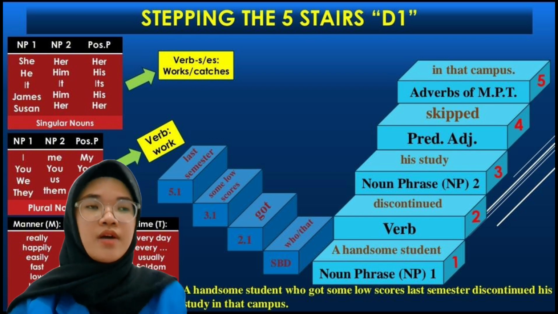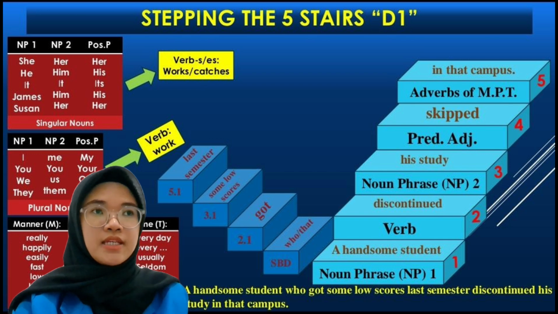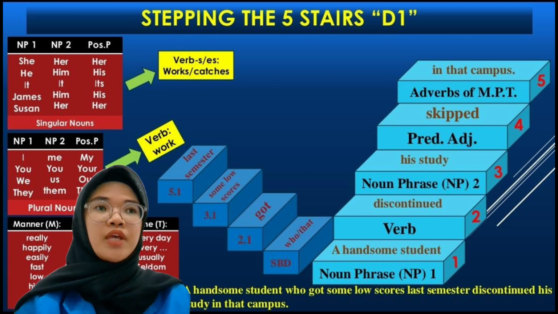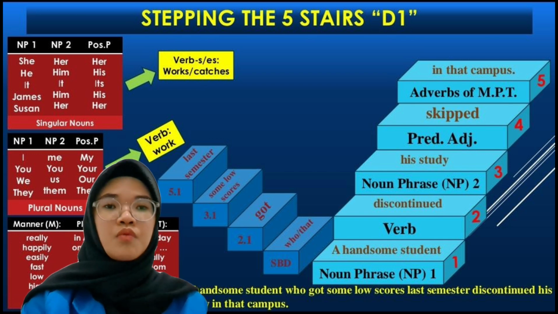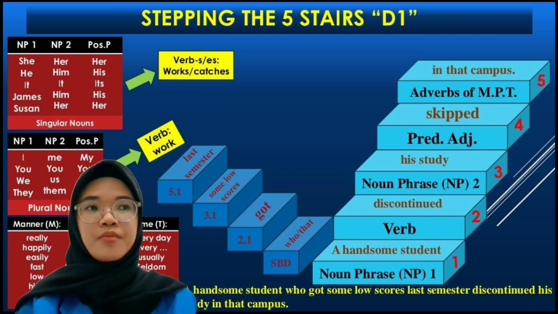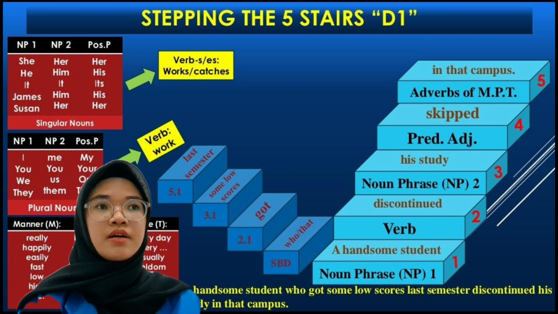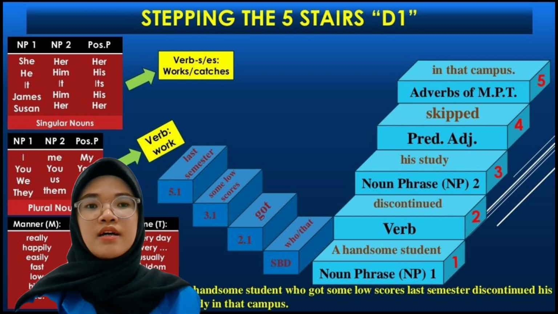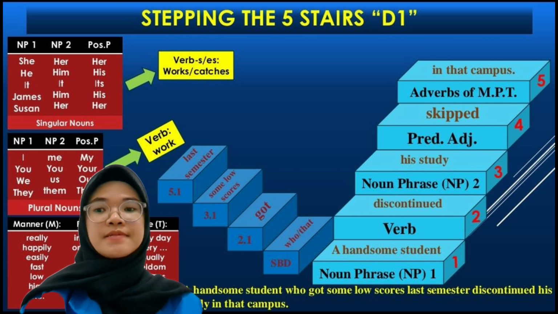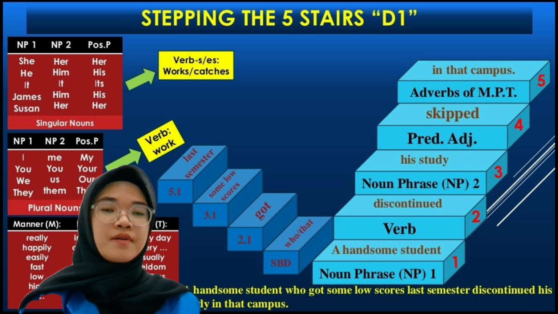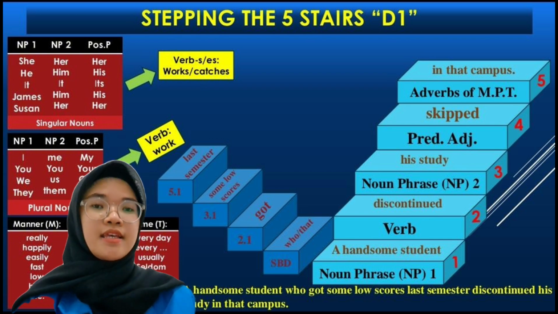Oke, the next itu ada adverbs of empty, yaitu stairs 5. We can put in that campus. Why we put that? Because in the campus is the place for the sentence. That's why we put in the campus in the adverbs of empty.